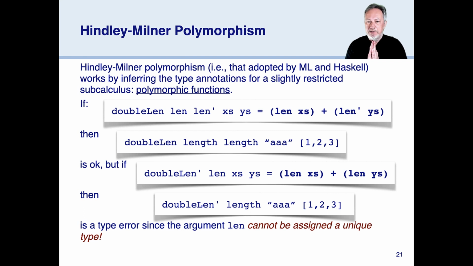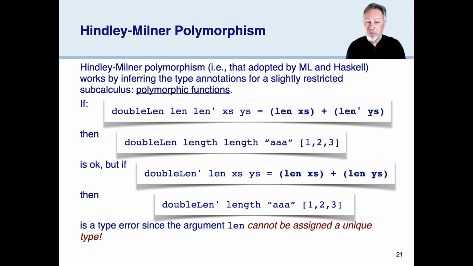Now look at this little function here, double len. Double len takes two length functions as arguments, len and len prime, and two lists, xs and ys. So a list of x's and a list of y's. And it returns the sum of the lengths of the two lists: len applied to xs and len prime applied to the ys.